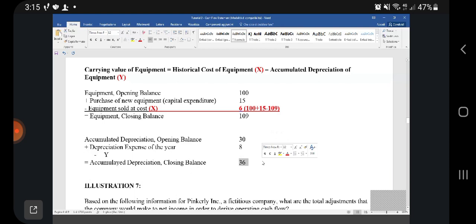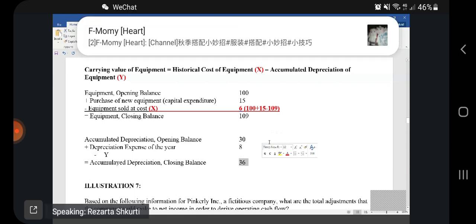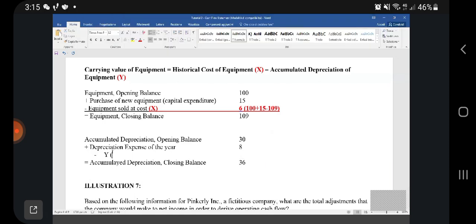So what is missing? We have to add the Y figure. What is the name for this amount? The depreciation of the assets we sold.